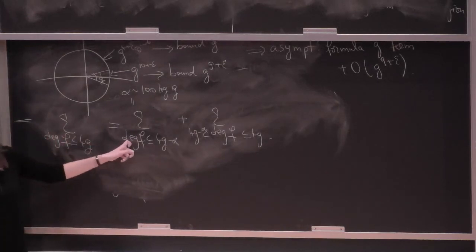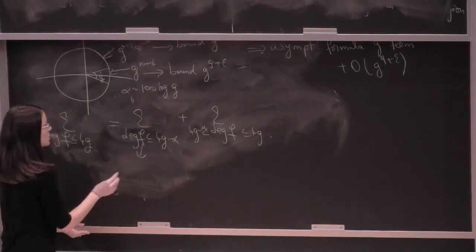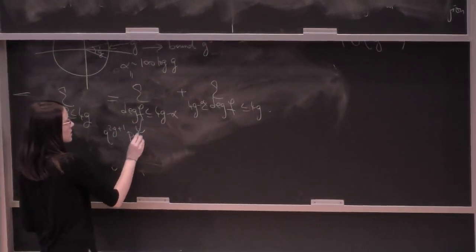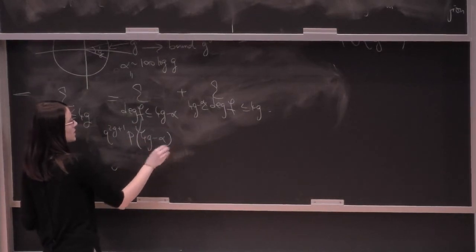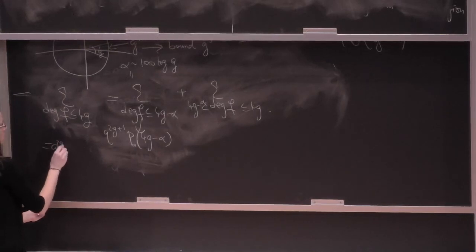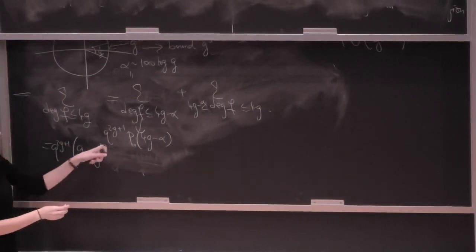Over here, I can obtain an asymptotic formula, just like what I did before. So this will be q to the 2g plus 1 times a polynomial in 4g minus alpha of degree 10. So of course, this will be q to the 2g plus 1 times a term g to the 10.